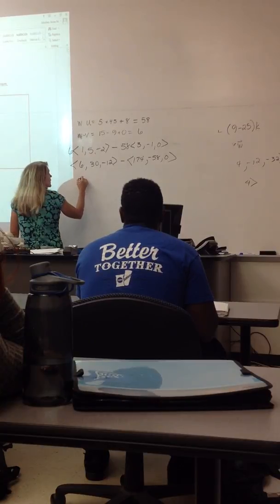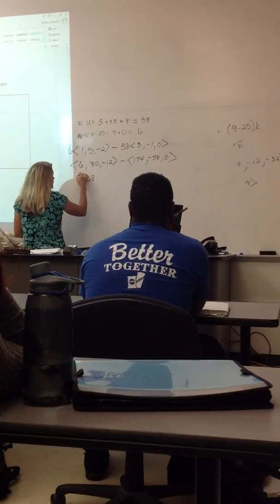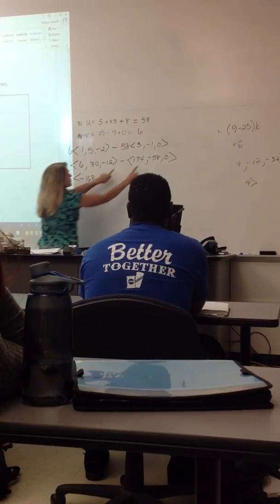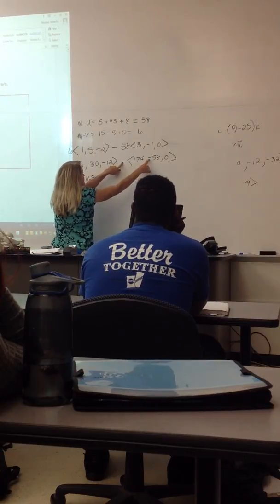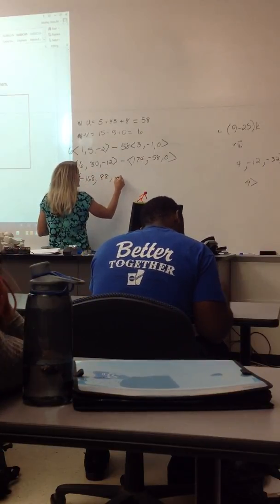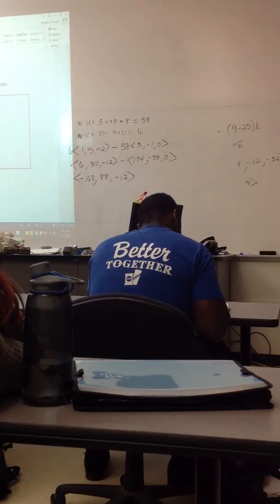Does that look right? Okay, so negative 168, and negative 58 plus, so that will end up being 88 and then negative 12. So what we got over here?